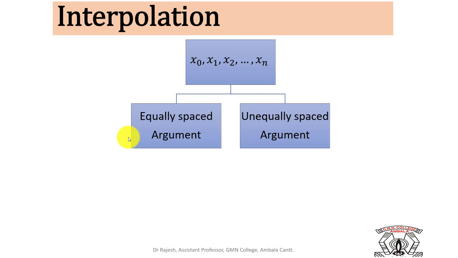So this is another form of classification which is based upon the spacing between the arguments. If the arguments are equally spaced, then that kind of interpolation is called equally spaced interpolation, and if the points are unequally spaced, then that kind of interpolation is called unequally spaced interpolation.